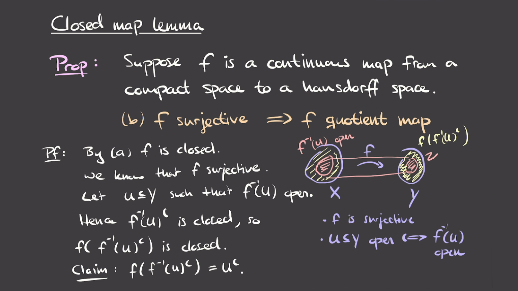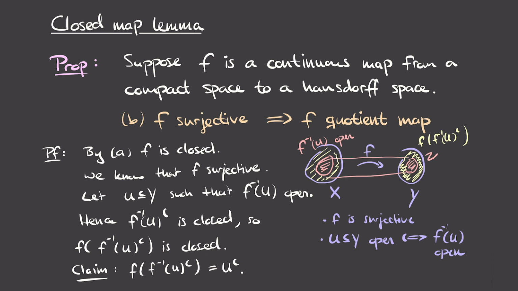But now we have some point in the complement of the preimage which also lies in the preimage, which is a contradiction, and therefore every point on the left has to be mapped outside of U. Okay, so that establishes the left to right inclusion.